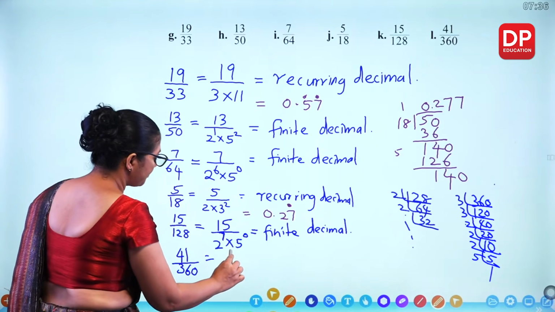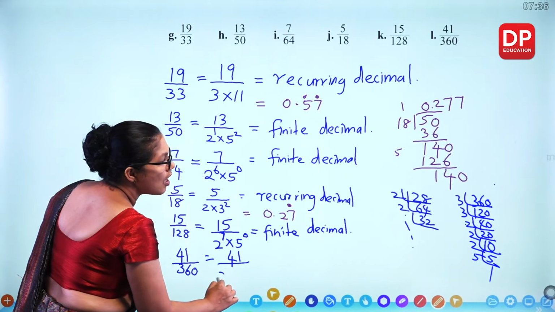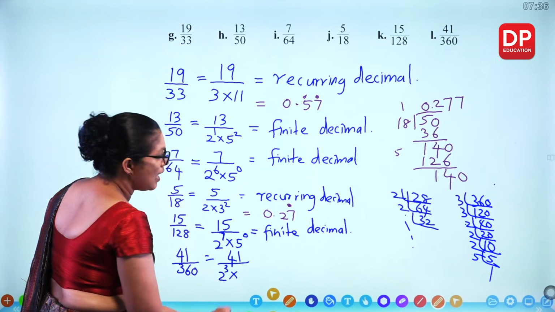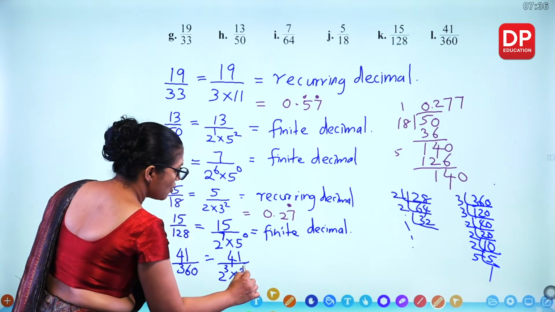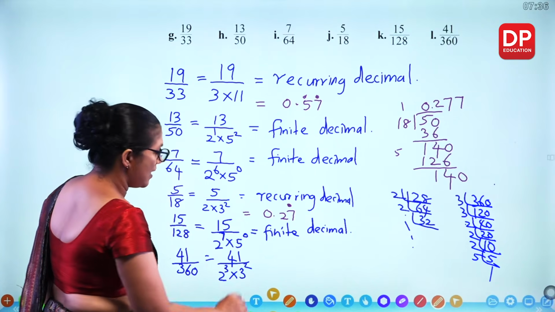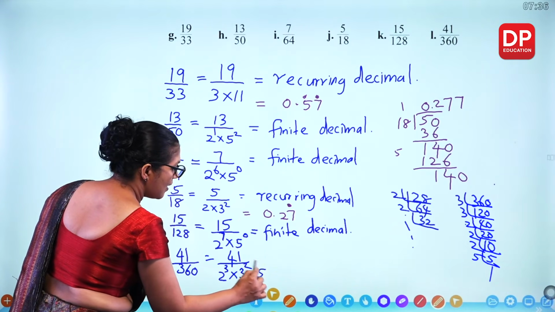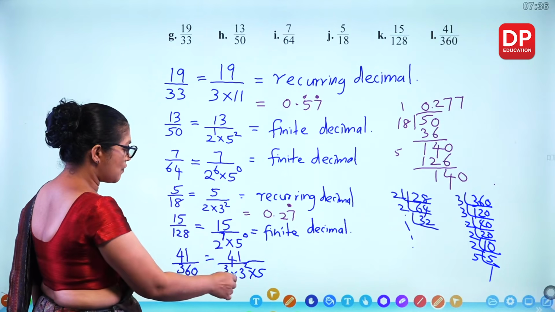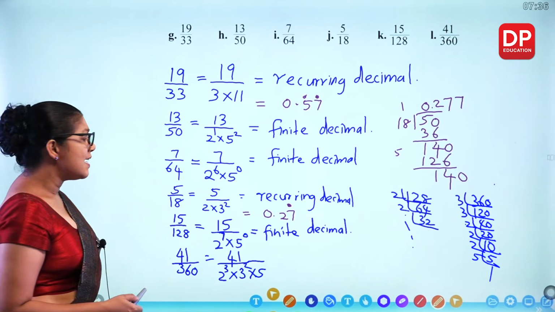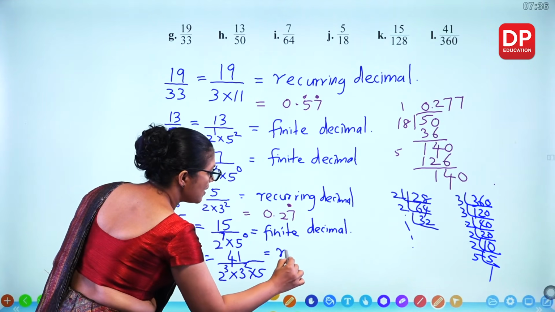You get 2 to the power 3. How many 3's? 2 3's and 1 5. The denominator is not in this form, so this is a recurring decimal.